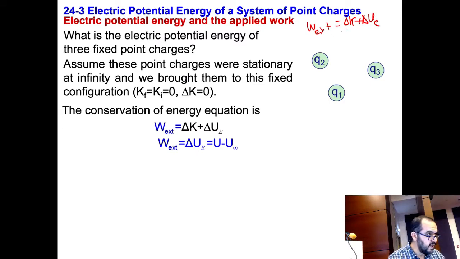If delta K is equal to 0, for example if we move a charge from one location to another, the initial velocity is 0 and the final velocity is 0, so delta K is 0. Then the external work done by the external force is just equal to the change in electric potential energy.